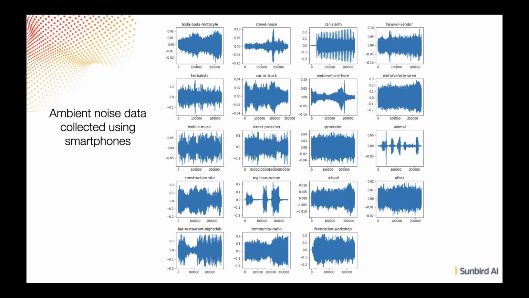This gives you a rough idea. But of course, you can see, for example, between mobile music and street preacher, that may be hard to distinguish, or generator and motor vehicle. But motor vehicle horn and maybe religious venue have distinct patterns. So maybe a model can be trained to distinguish these things.